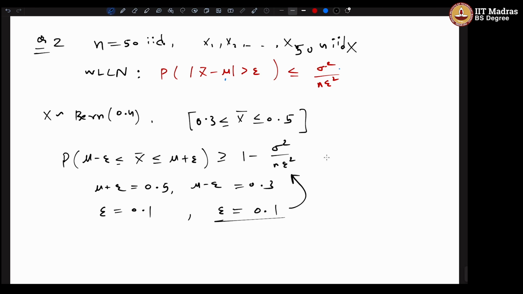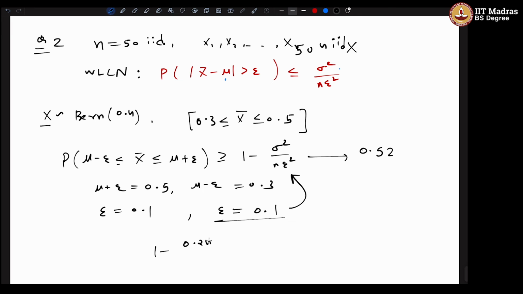We need to get 0.52, which is given in the option. So we should get 0.52 after putting in the value of epsilon, which is 0.1. Let's see whether we can get it or not. Sigma square is the variance of Bernoulli 0.4, so the variance is p into 1 minus p, and here p is 0.4.